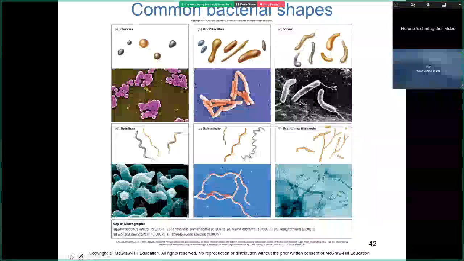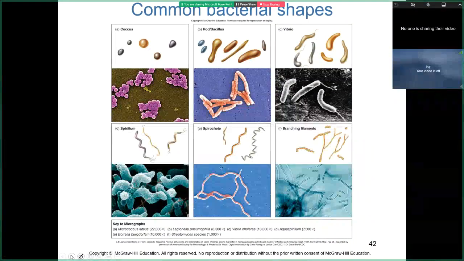So here we've got some examples. And as I mentioned earlier, arrangement is another thing. So this picture right here shows some purple stained bacteria. They'd be gram stained, and thus they're purple. That would indicate that they're gram positive. And you can see they're cocci there.